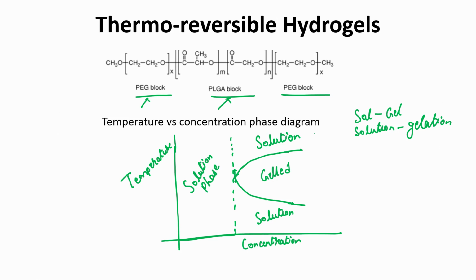So, this is a typical phase diagram that you will get for your sol-gel polymers, and once you have this defined, you can then just use some of these phase diagrams to determine what concentration, what temperature to use for a particular application. So, I hope this is clear.